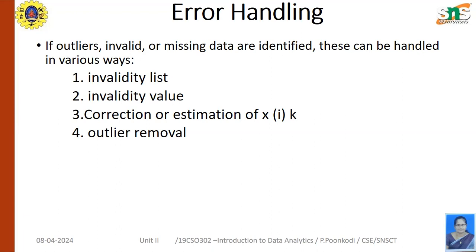Some x input value will be given, the i iterations we have to apply, then we have to get the k value. What are the corrections which we made to estimate the given output? The next one is the outlier removal. The outlier removal we have already discussed in the previous video.